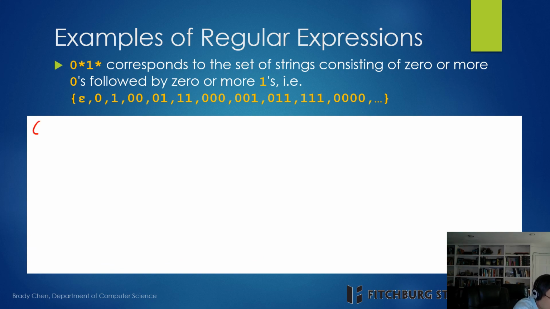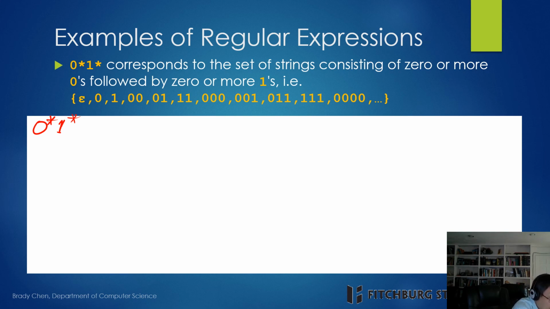0 star, 1 star. Before we understand what this regular expression means, we first need to figure out how to interpret it, so we need the convention of the regular expression.